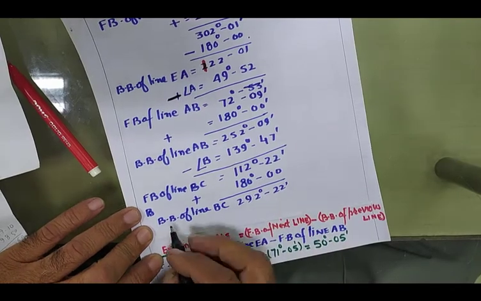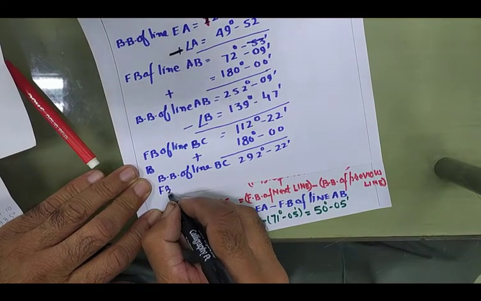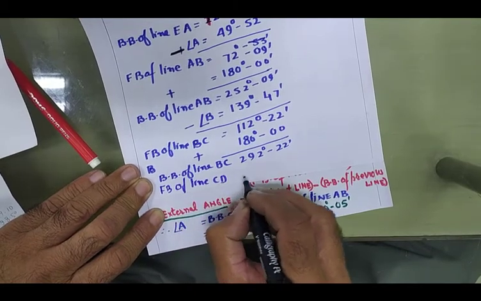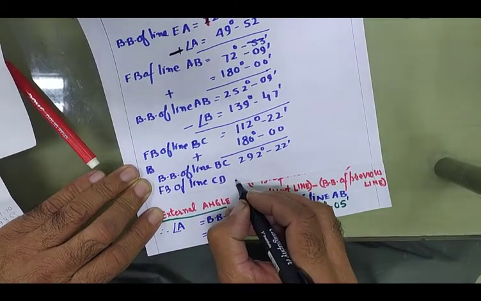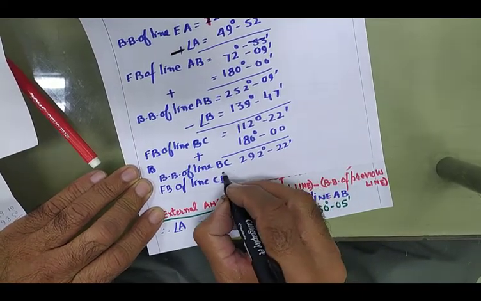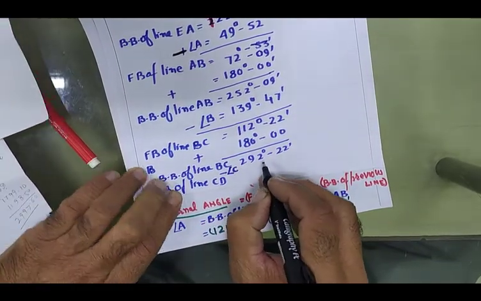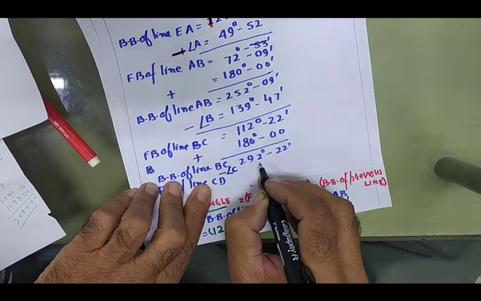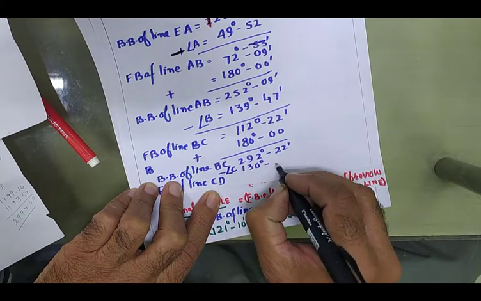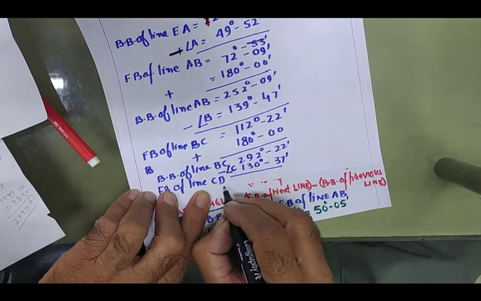For the forward bearing of line CD, from here you deduct the angle C. The value of angle C is given as 130 degrees 37 minutes.